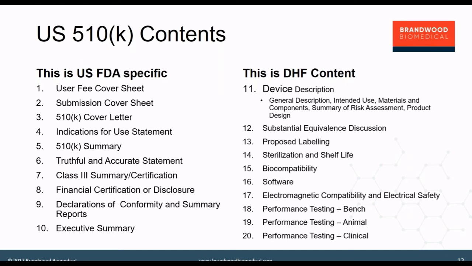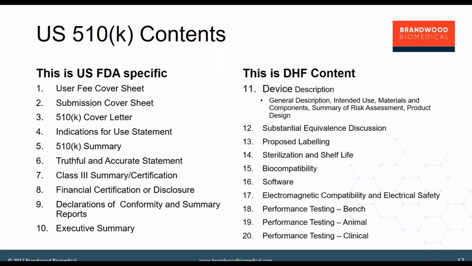Information such as sterilization and shelf life also should be included in a 510K. And again, if the product development process has identified all of the risks associated with sterilization, all of that evidence would have been put together upfront as part of the DHF, and therefore that information should be able to be transferred adequately for your 510K application.